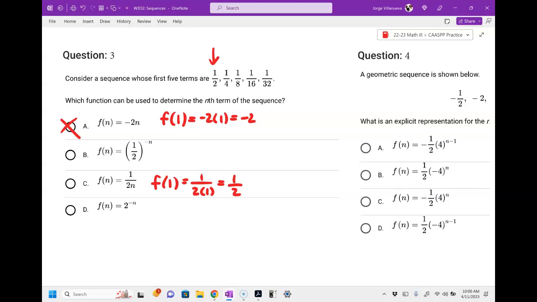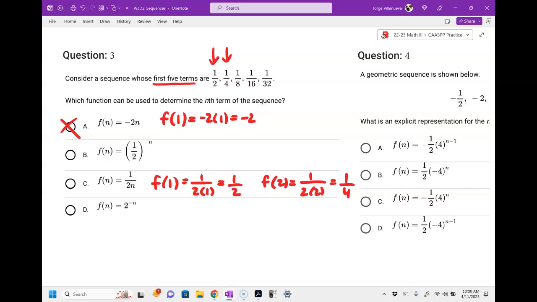We're going to go 1, 2, 3, 4, 5. How do I know to use those? They said the first 5 terms, meaning term number 1, term number 2, term number 3, right? So to find our next term, f of 2, that's 1/2 times 2. That's 1/4. Does that match? Yeah, and if you want to be sure, plug in a 3.